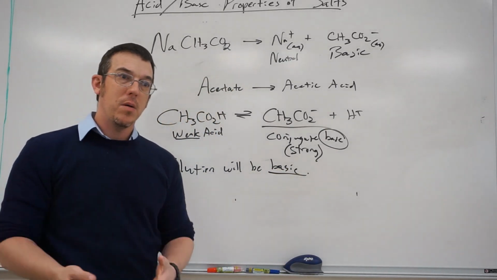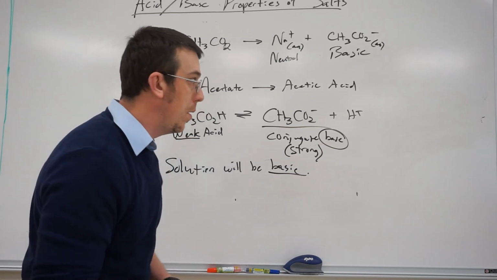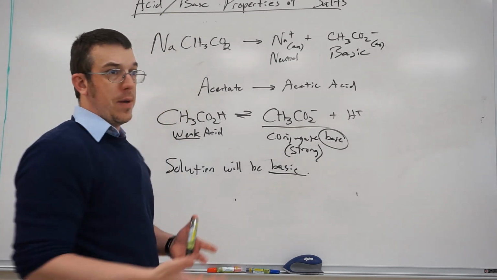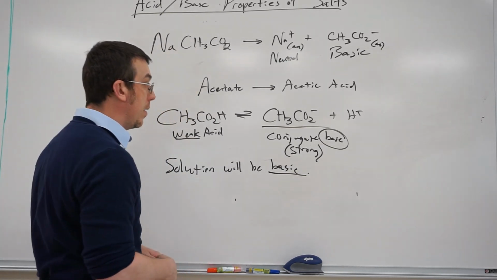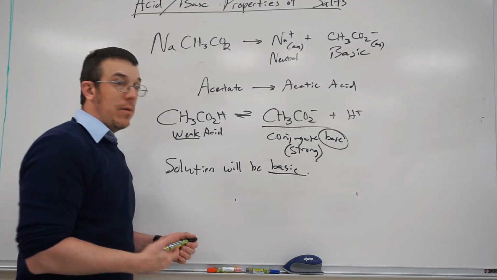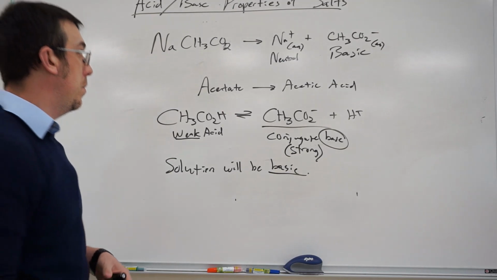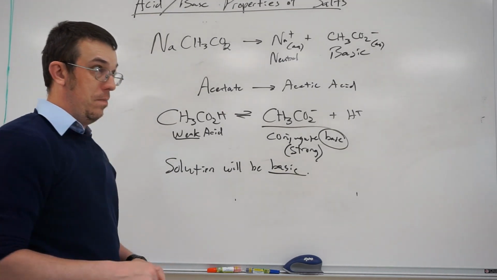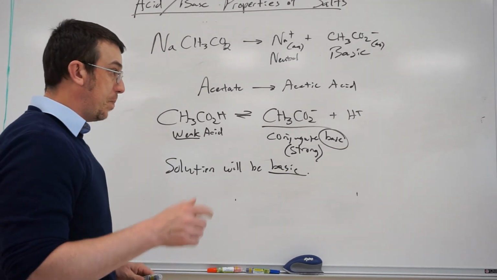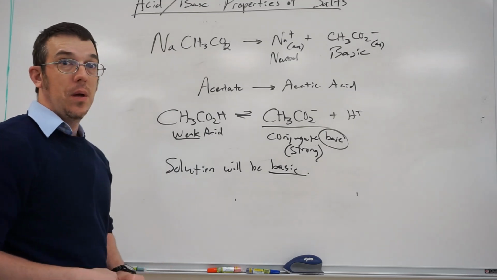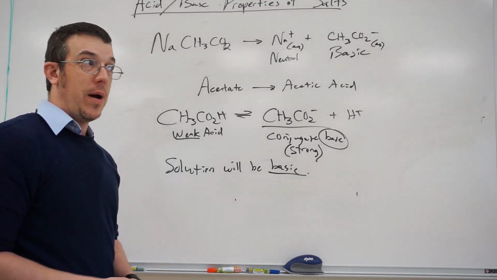Like we talked about earlier, we have to pay attention to the anion or the cation. In this case, we're talking about the anion specifically. You have to pay attention to the anion and how that's going to affect the overall pH of the solution. That stems back to where it's derived from.